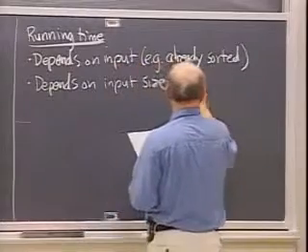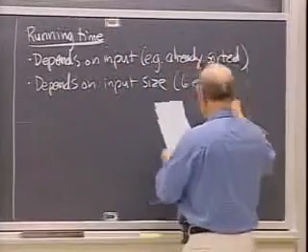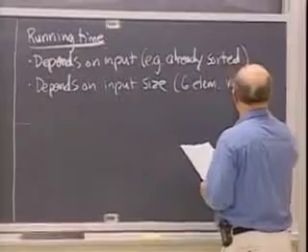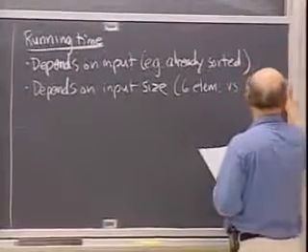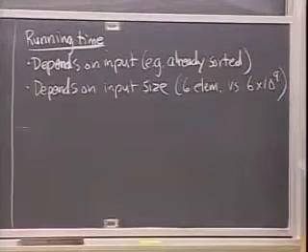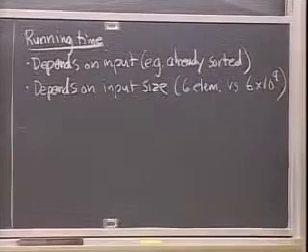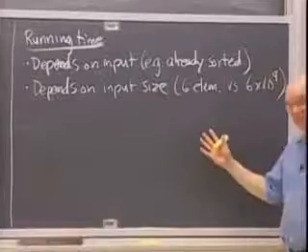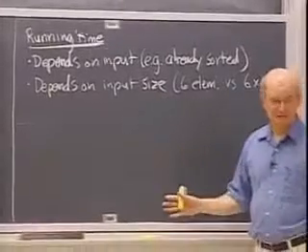Here, for example, we did 6 elements. It's going to take longer if we do 6 times 10 to the 9th elements. If we're sorting a lot more stuff, it's going to take us a lot longer.